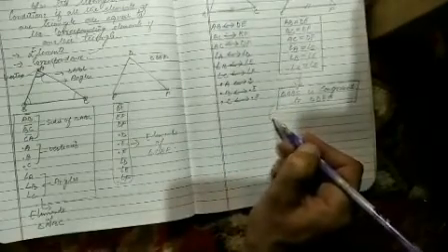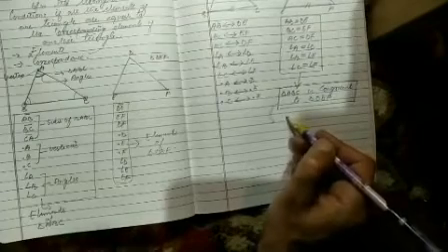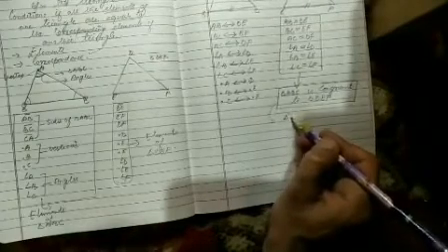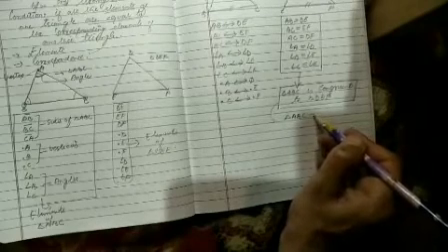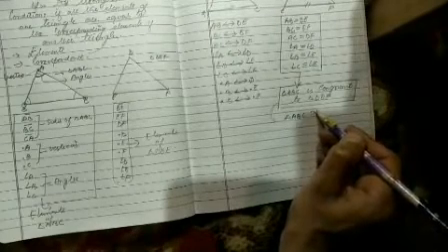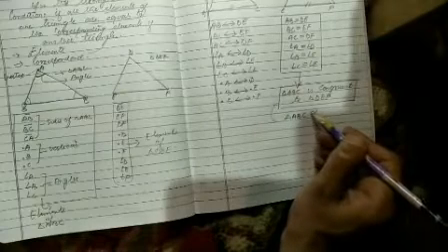Now, this statement is written in condensed form by using the symbol of congruence between the two triangles, and the symbol of congruence is like this: equality with a twiddle over it, and we write triangle ABC is congruent to triangle DEF.